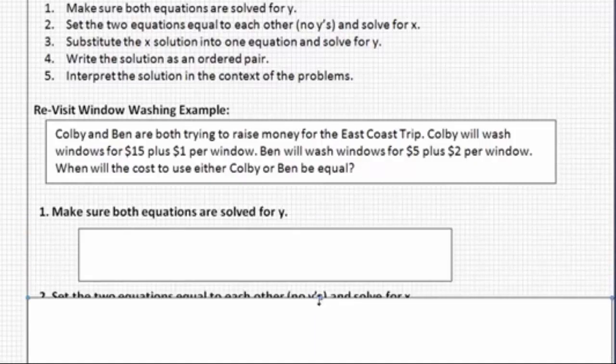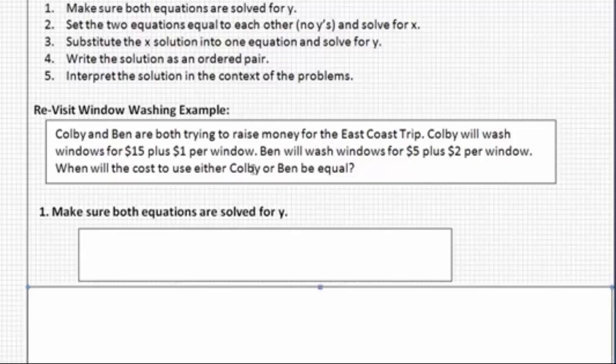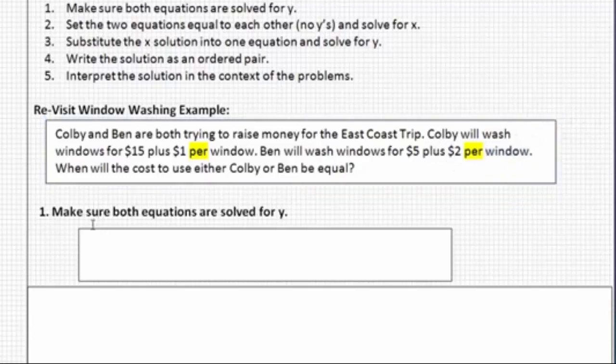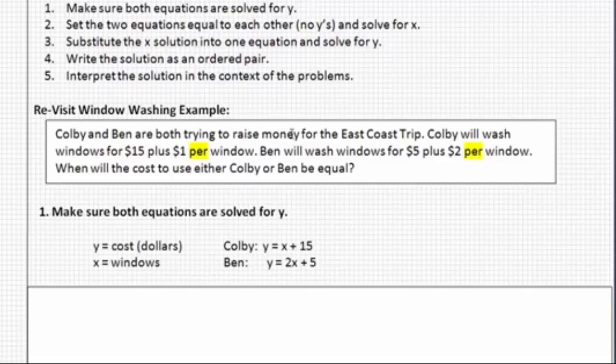Feel free to look back at your notes, and see if you can remember those tips about looking for the word per, keying us into the rate of change, the variable before it being our y value, the variable after it being our x. So the equations were, for Colby, y equals x plus 15.